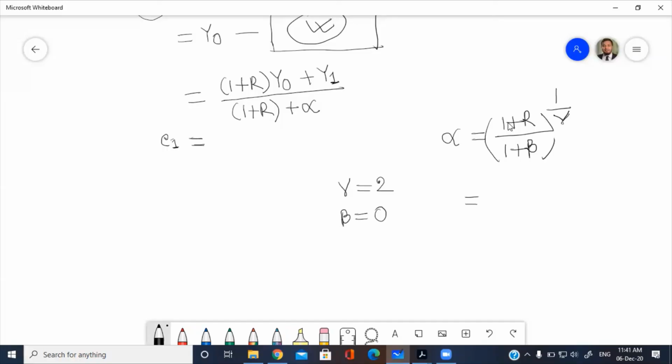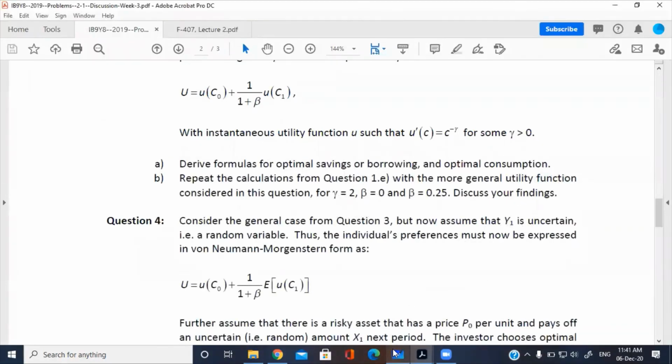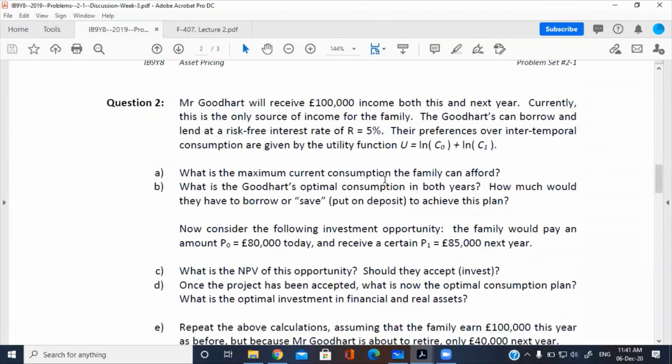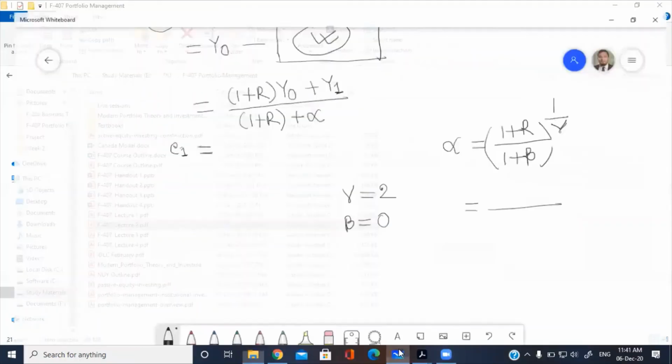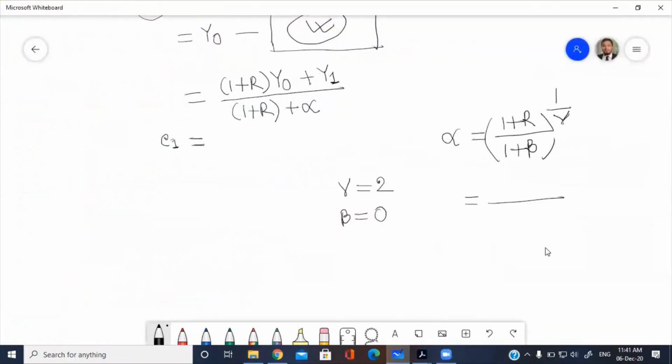Okay. Then we know that the risk-free rate is not given here. Why? Because it is referring to question 2E. In question 2, can you recall there was a risk-free rate of 5%? So we are using this 5%. Okay. 1 plus 0.05.